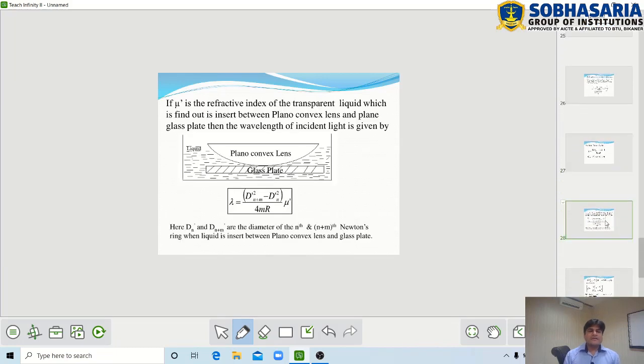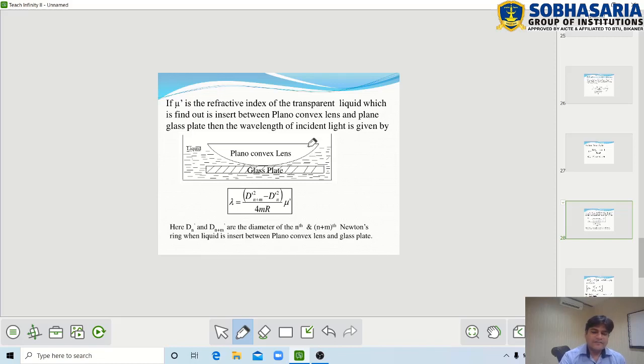Now we insert a transparent liquid between the plano convex lens and the plain glass plate. In this case Newton's rings are also formed, but the diameters of the rings are different.